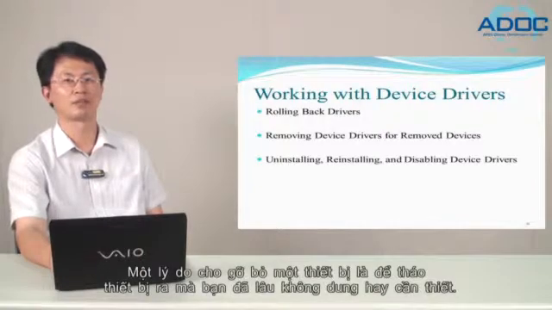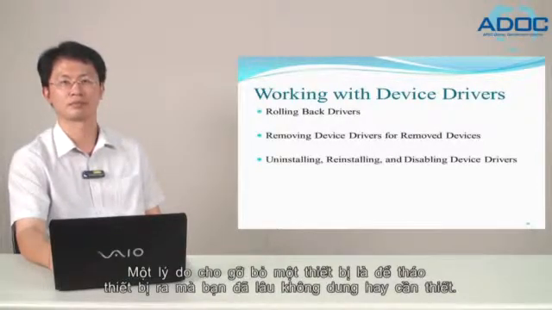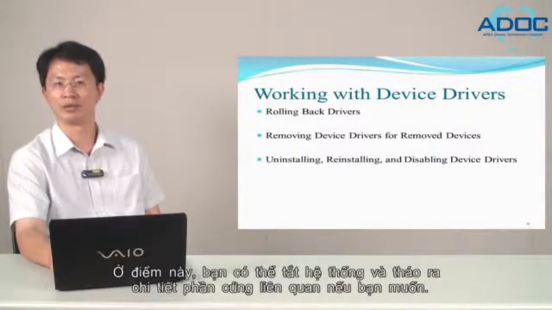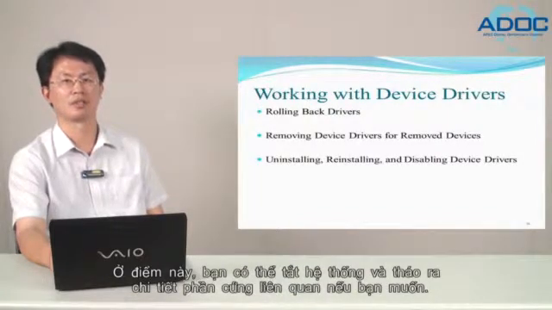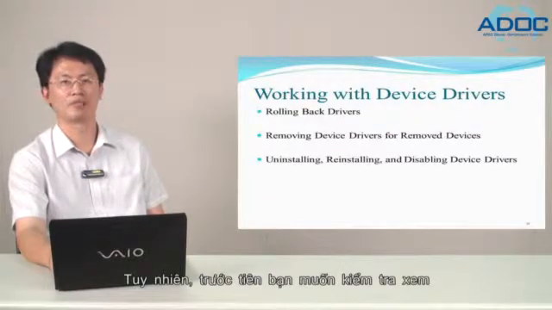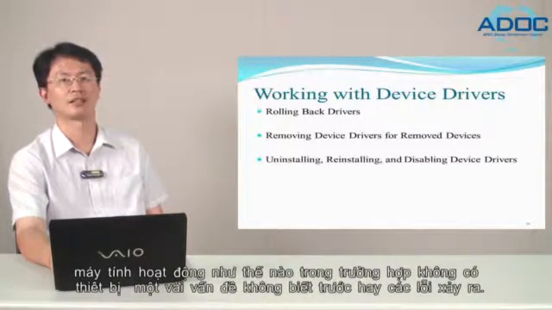And one reason for uninstalling a device is to remove a device that you no longer use or need. And at this point, you can shut down the system and remove the related hardware components if you want to. However, you might first want to check to see how the computer operates without the device in case some unforeseen problems or errors occur.